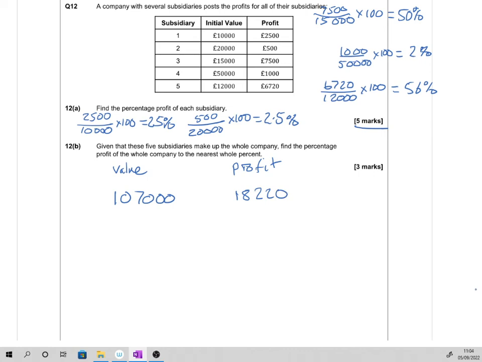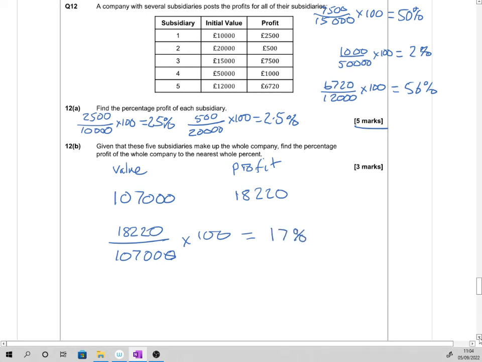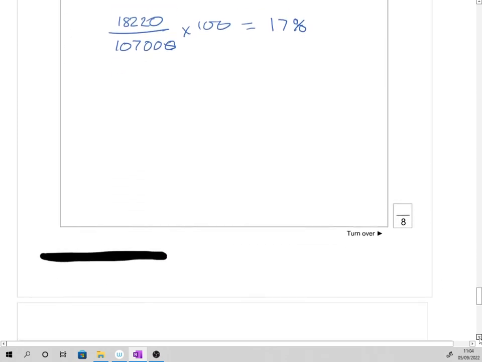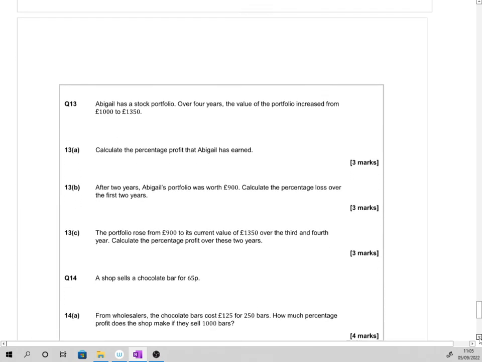And what we were doing, we did 18,220 divided by the 107,000 and times that by 100, to the nearest percentage is 17%.